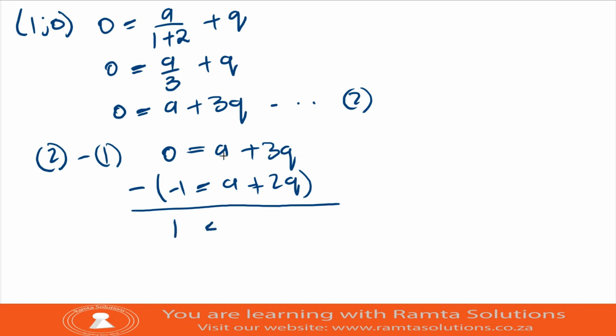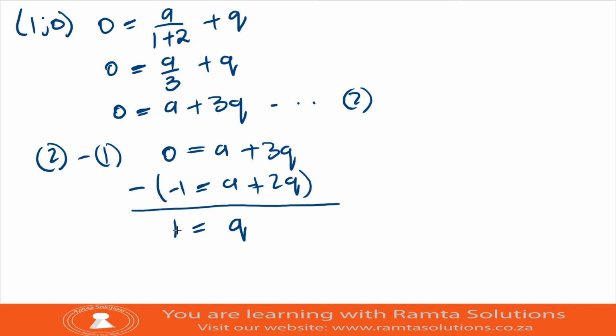Then a minus a is 0. 3q minus 2q, what do we have? We have q. So q is 1.